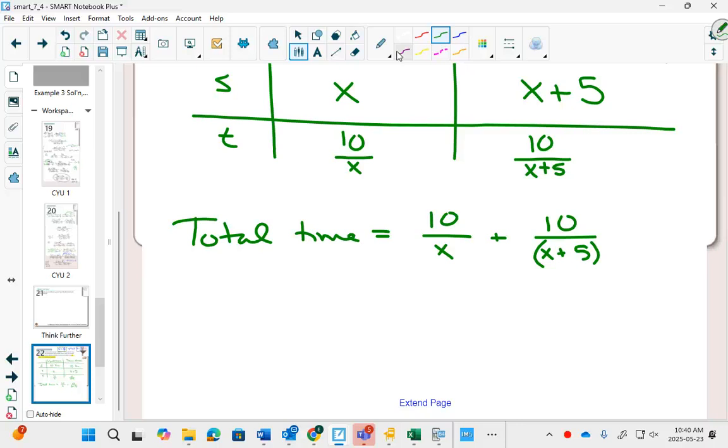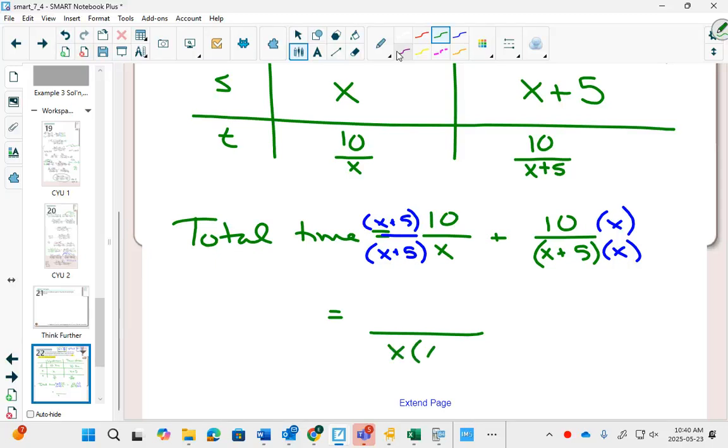You need a common denominator. So this one I need an x plus 5 on the bottom and an x plus 5 on the top. And this one's missing the x on the bottom and the x on the top. So doing that, I will get a common denominator of x times x plus 5 for both.